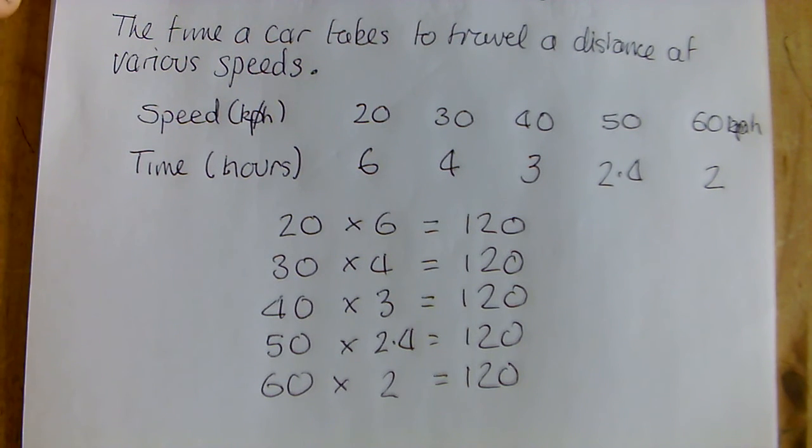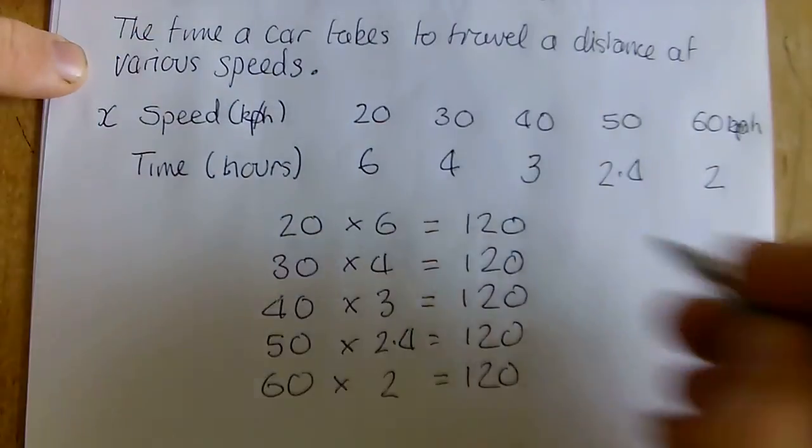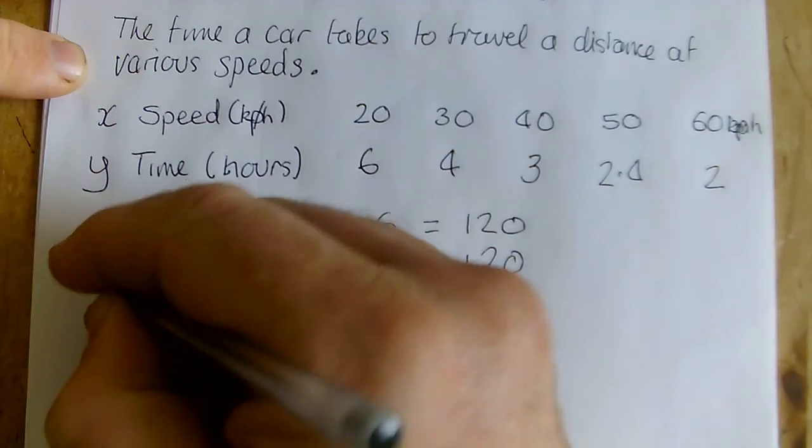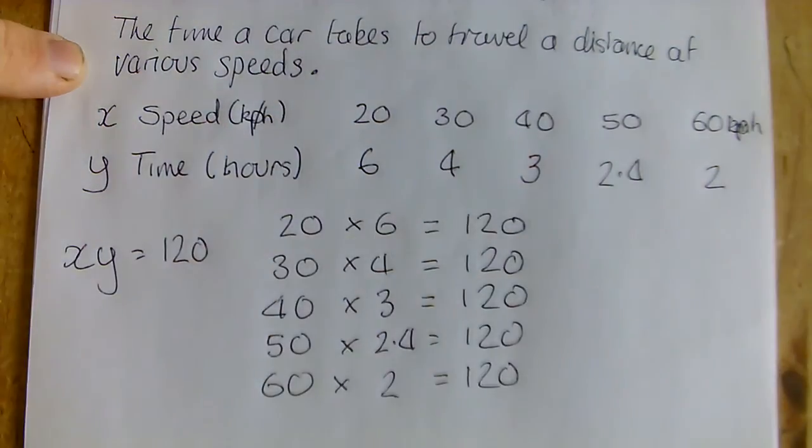So if we wanted to make a general rule, if the speed is x and the time is y, then x times y is always going to be equal to 120.